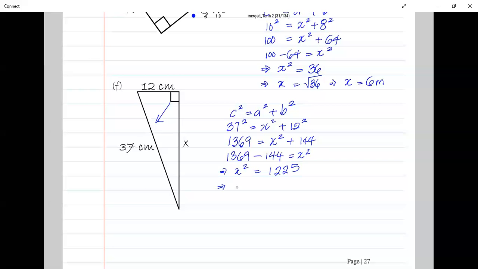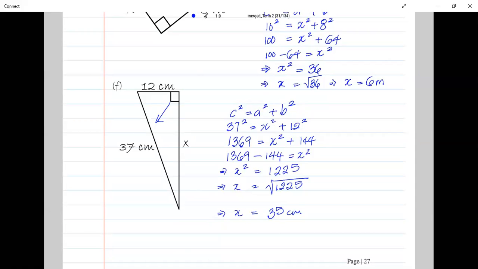So therefore, X would be the square root of 1,225. And so X would be equal to 35 centimeters. X is 35 centimeters.